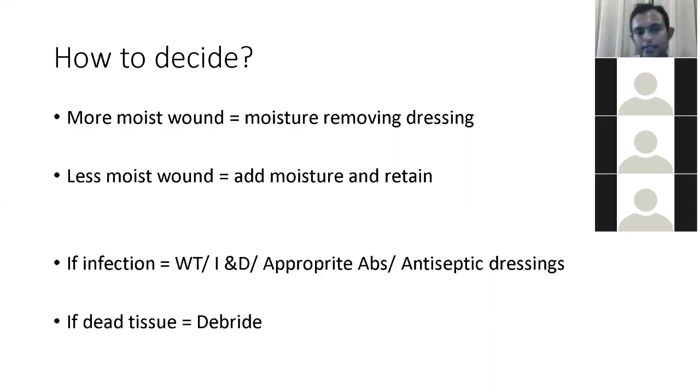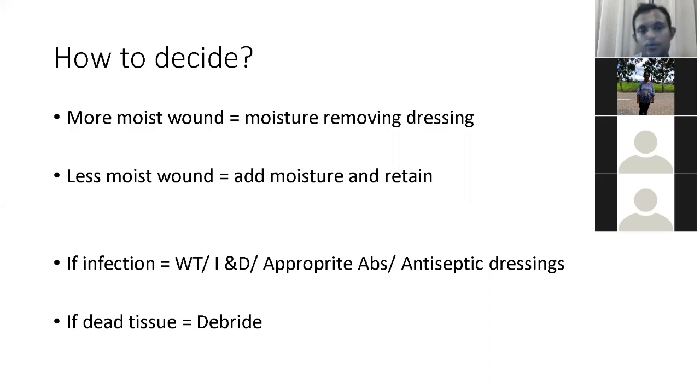If there's infection, there are various other things you can do to control infection before going into antiseptic dressings. The antiseptic dressings are at the end of the line. You can do a wound toilet, you can do an IND and remove pus, you can use the appropriate antibiotic if there is overt infection and sepsis, and then use an antiseptic dressing.